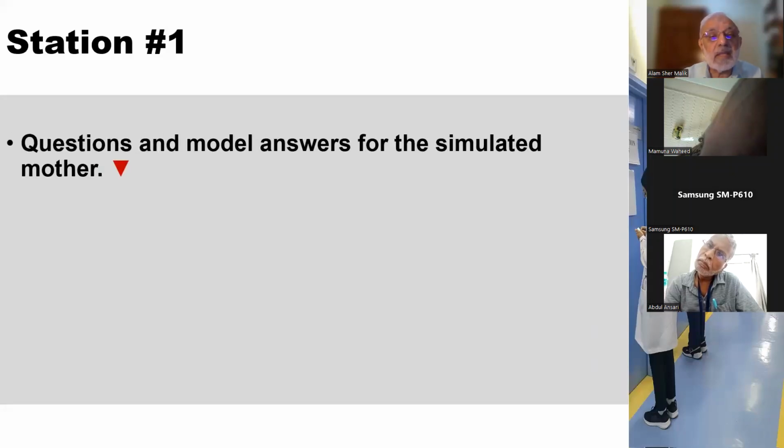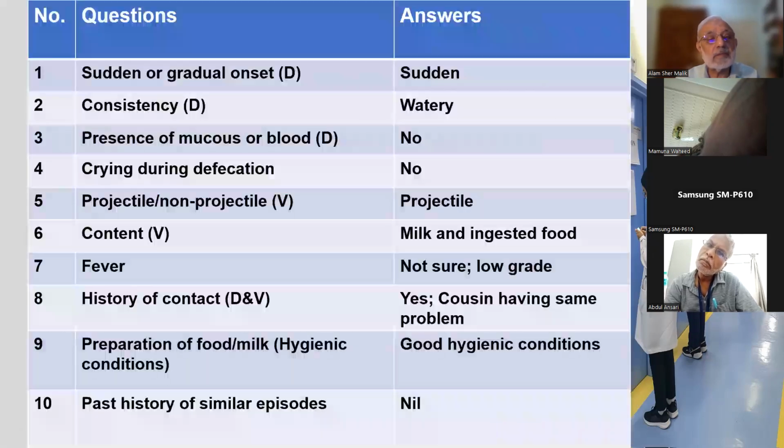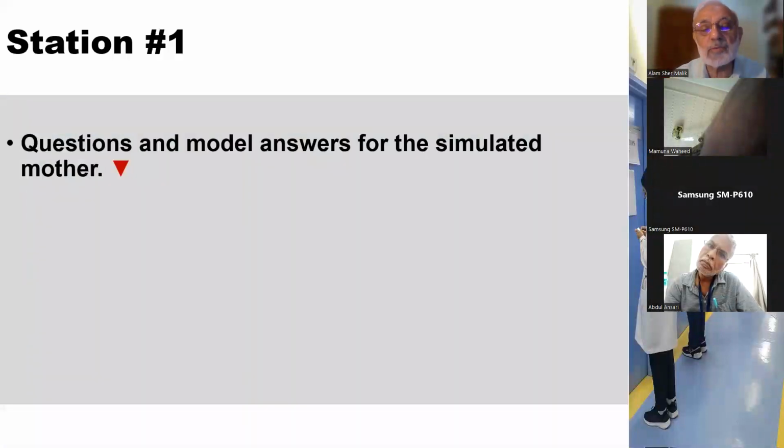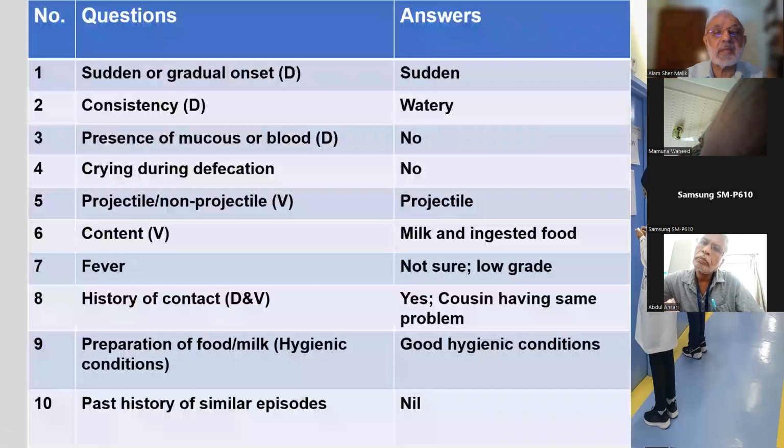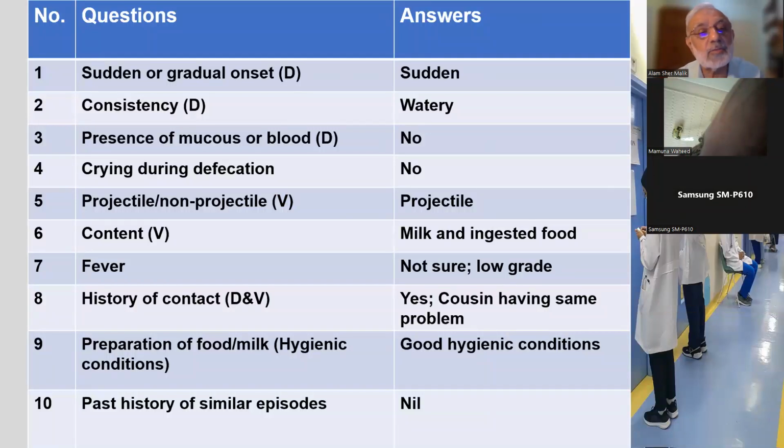Then at the end, there are the questions the student has to ask from the simulated mother, as we have mentioned earlier. So these are the answers which would be provided to the simulated mother. When the student asks those questions, the mother would answer them.